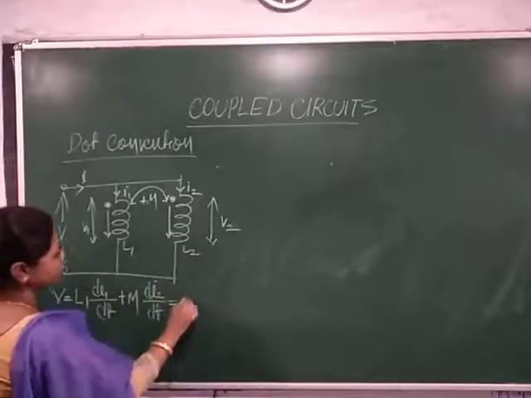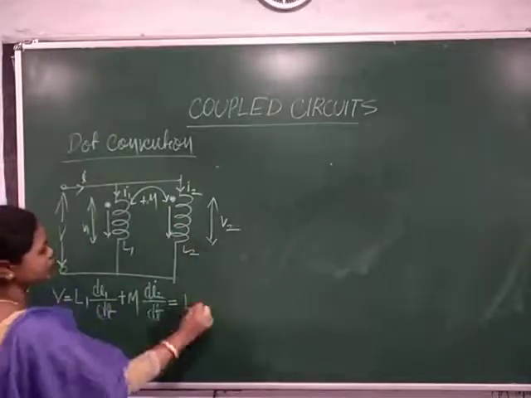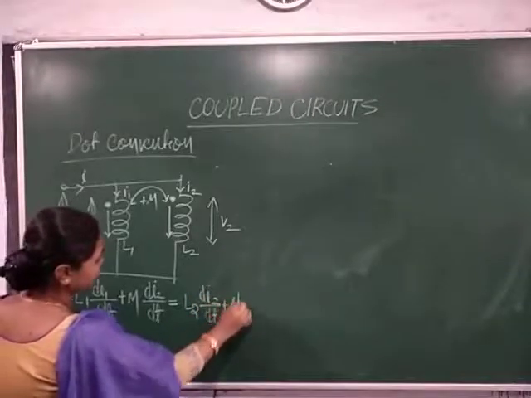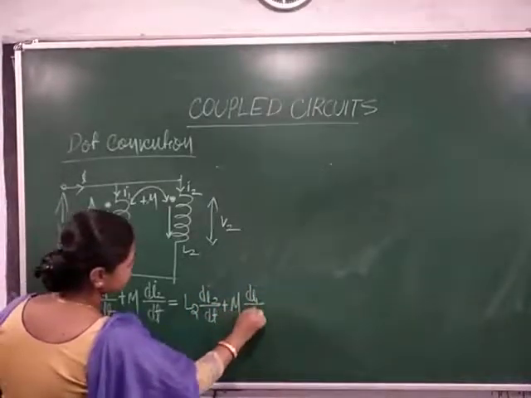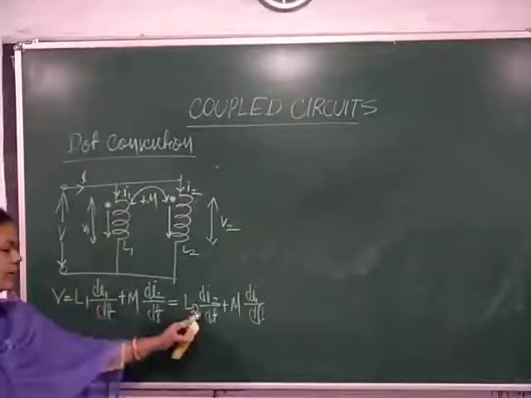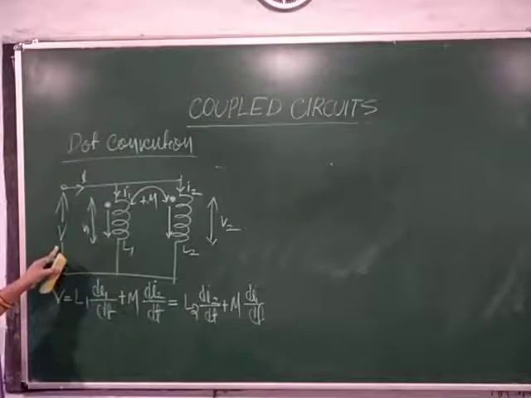V2 is the voltage due to self-inductance L2 dI2 by dt and due to mutual inductance. Either by using this formula or this formula you find this voltage.